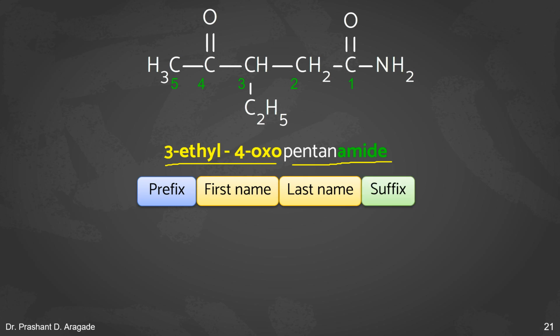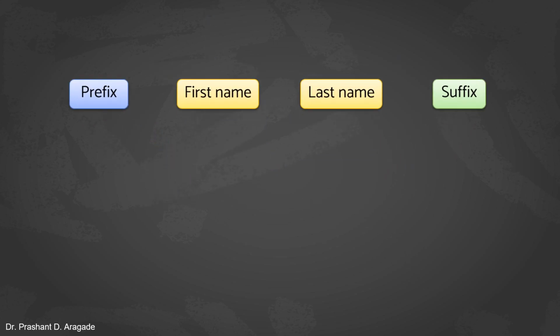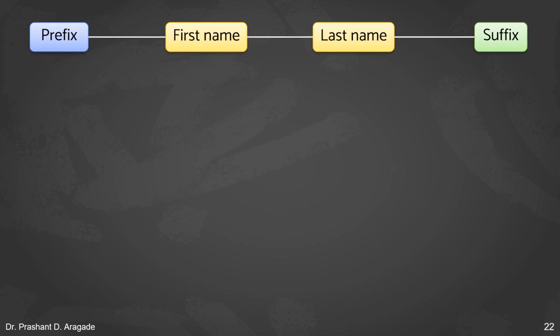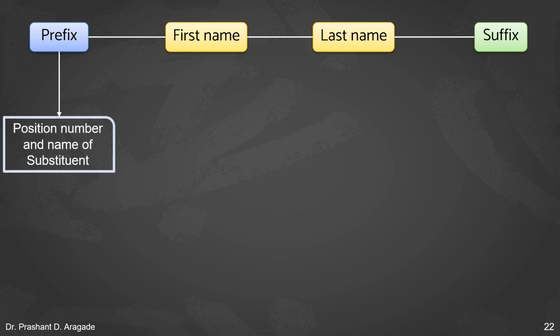If you observe this name, it is the combination of prefix, first name, last name and suffix. So prefix is derived from the position number and name of substituents.